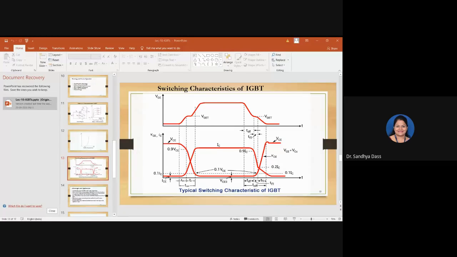Can anyone volunteer and explain? Unmute yourself and explain. If you have a problem in understanding that, please let me know. What is it that you are not able to interpret?